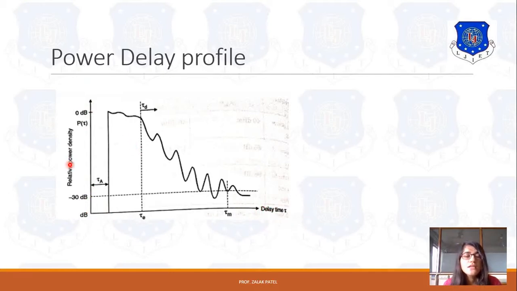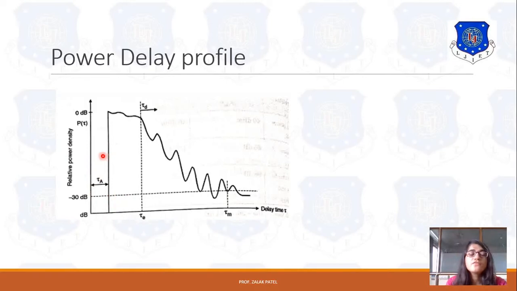Tau A is called the first arrival delay. From the starting point where the actual delay profile starts, that initial time is called the first arrival delay time, meaning the time needed to start the propagation.